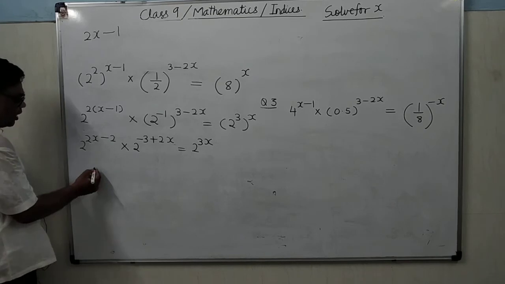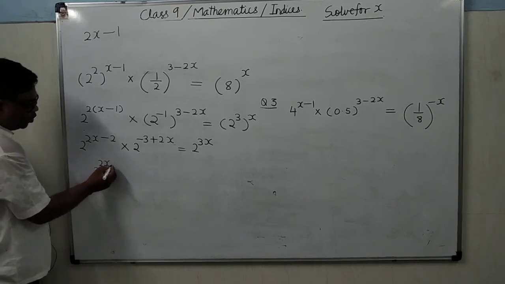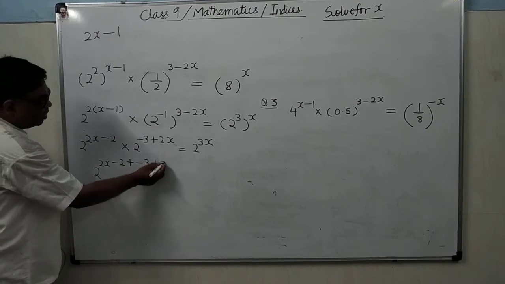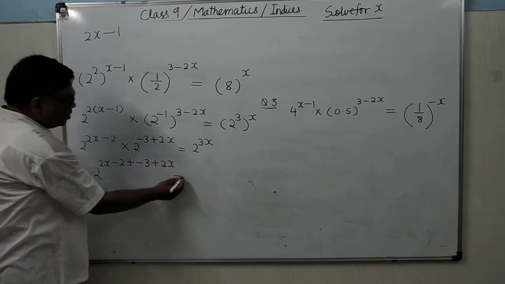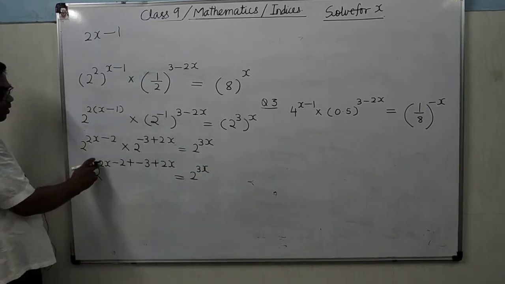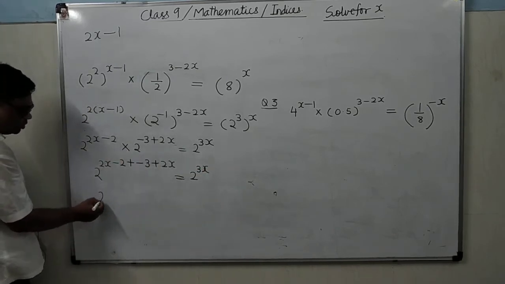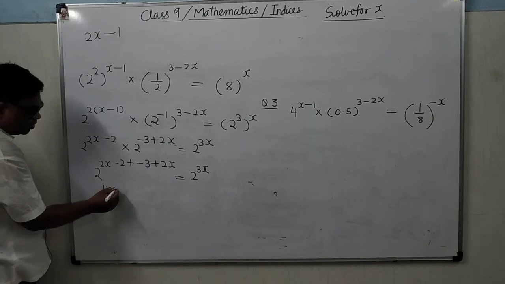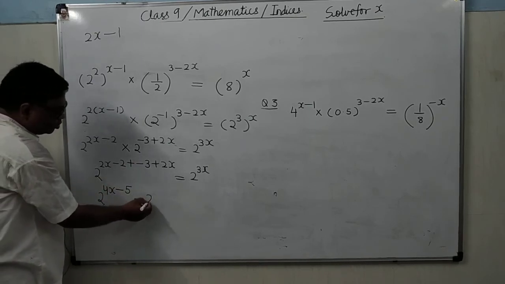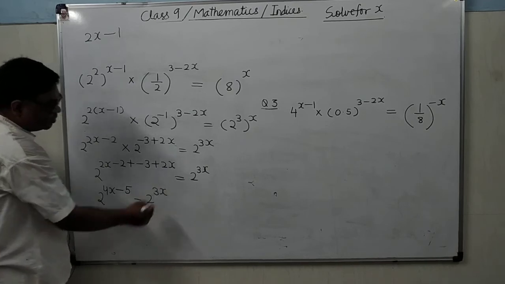Powers will be added. 2x minus 2, when you add the power, it will become this. Equals to 2 to the power 3x. Now you simplify further. 2x plus 2x, 4x. Minus 2 minus 3, minus 5. Equals to 2 to the power 3x.